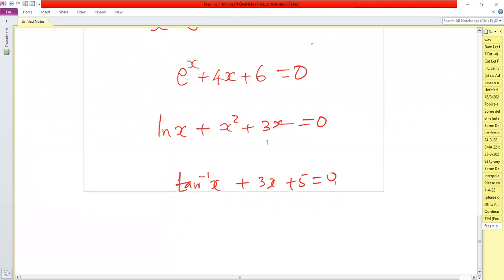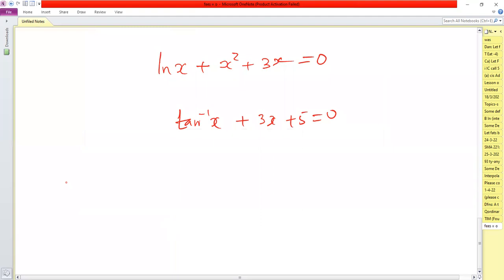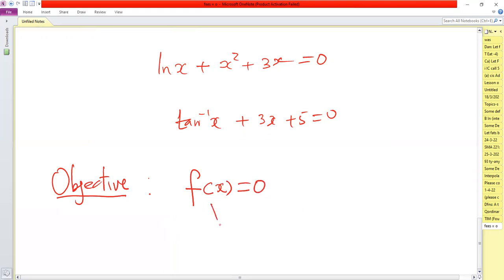So the objective of this chapter is that we are going to be solving equations of the form f of x equals 0, where f of x is either algebraic or transcendental.